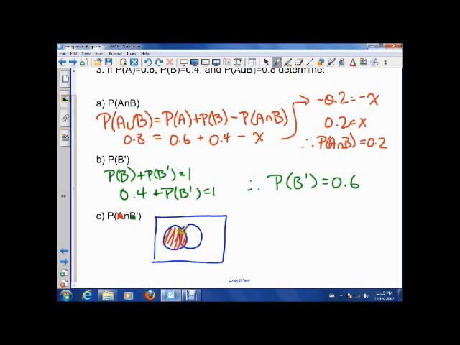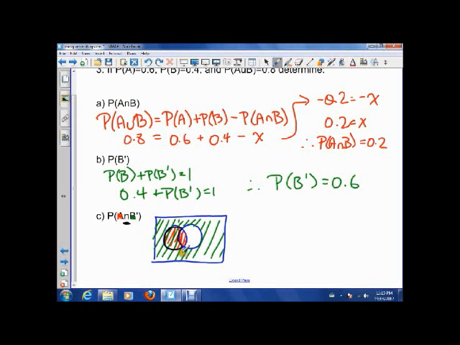So if this is B, this is going to be B prime. Now the question is, what is in the intersection of A and B prime? That means what's in both A and B prime. Well, that's actually all of this stuff here.